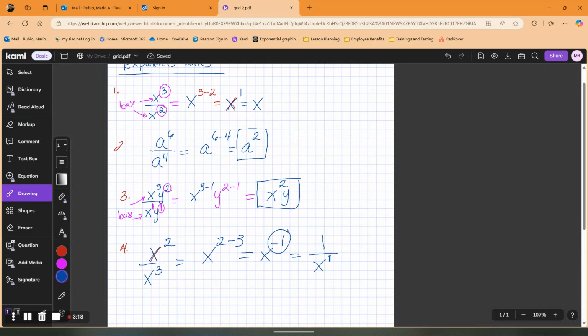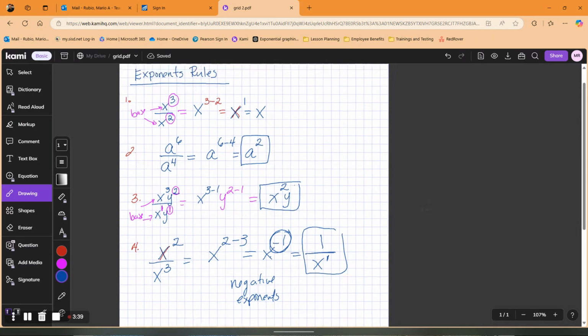Anytime we have a negative exponent, I don't know if I'm going to give you examples like this, but it's just for your background knowledge. We always write it as the number 1 divided by the same base, and you change the sign of the exponent to positive. So you'll definitely need that for today's notes.